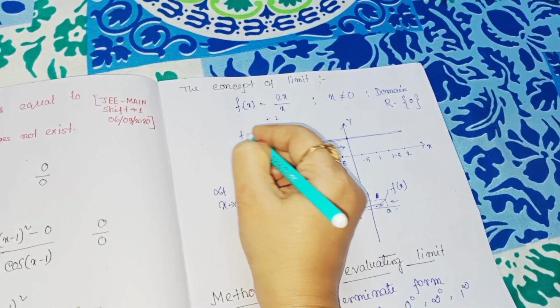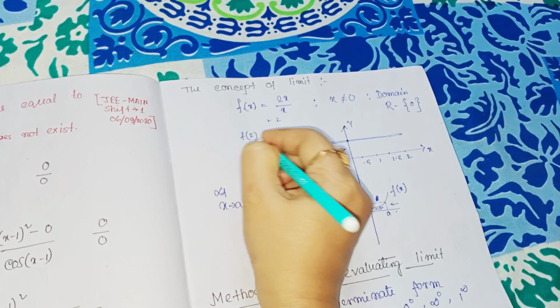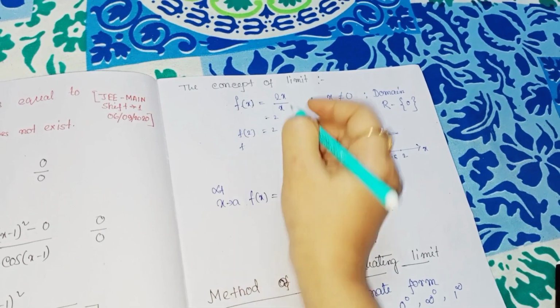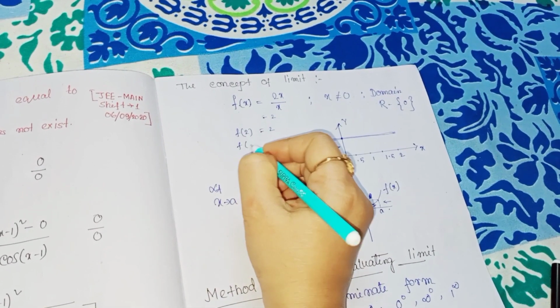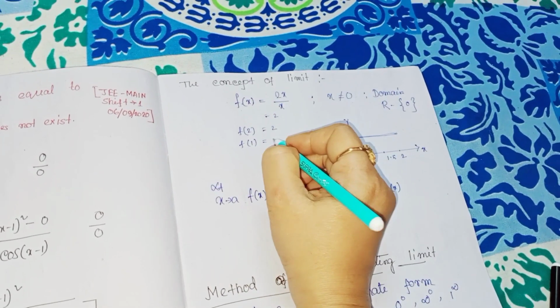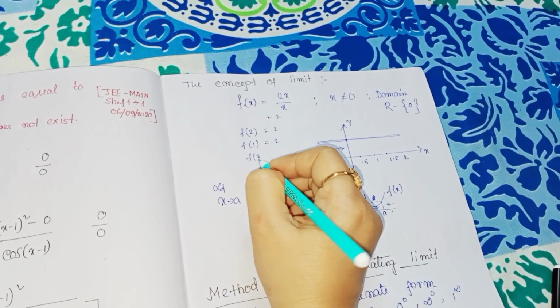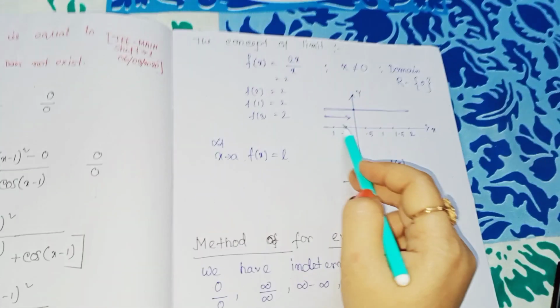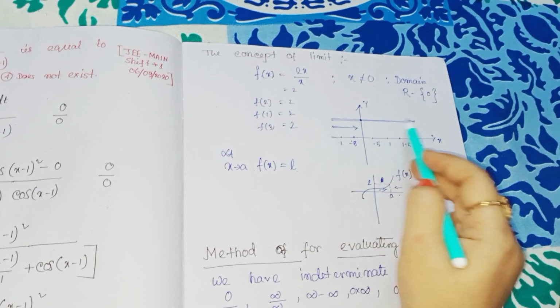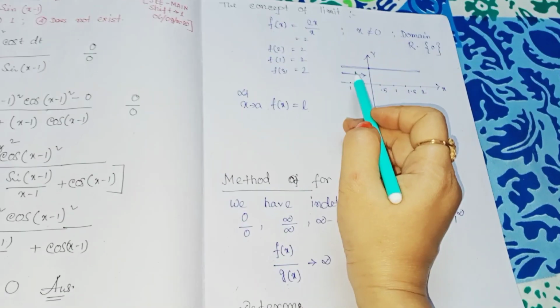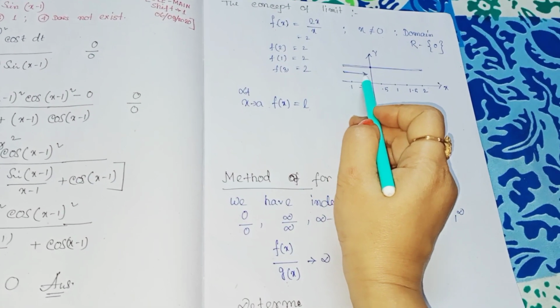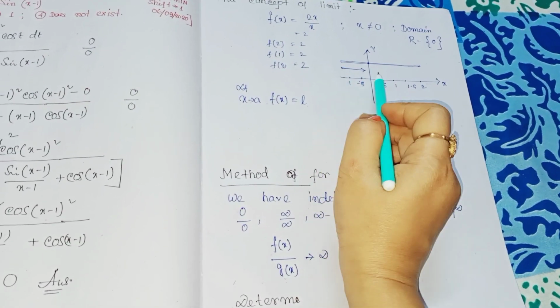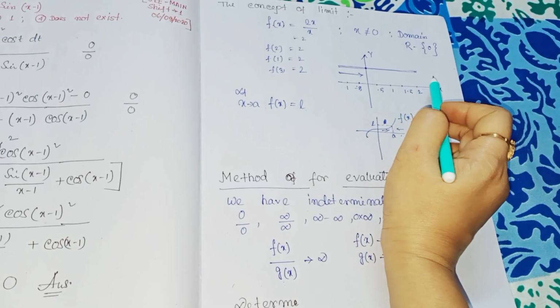So when we take f of 2, this is 2. If we take f of 1, this is also 2. For f of 3, the 3 cancels, so it is 2. This graph plots everything.